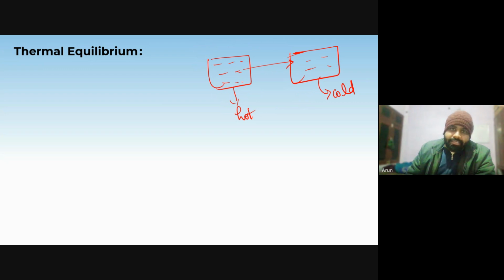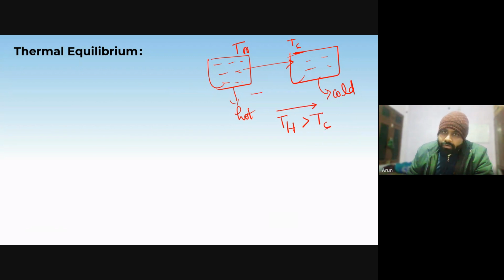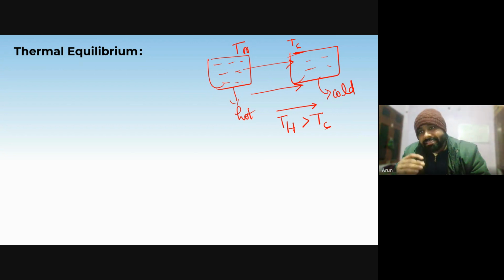We know that heat is transferred from higher temperature to lower temperature, and T of hot is greater than T of cold. So heat will be transferred from hot water to cold water. So here, what thing is in motion? Let's say heat.